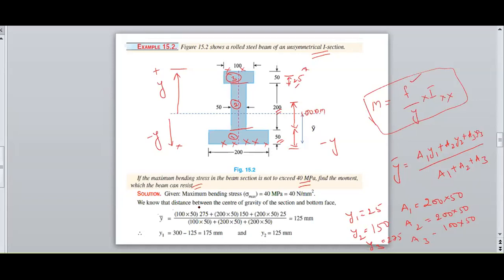So the values are 275, 150 and 25, with the area values A1, A2, A3.